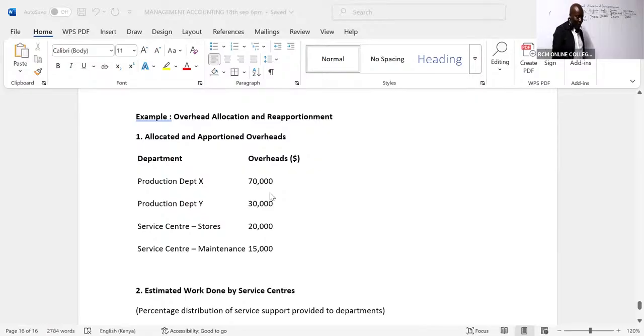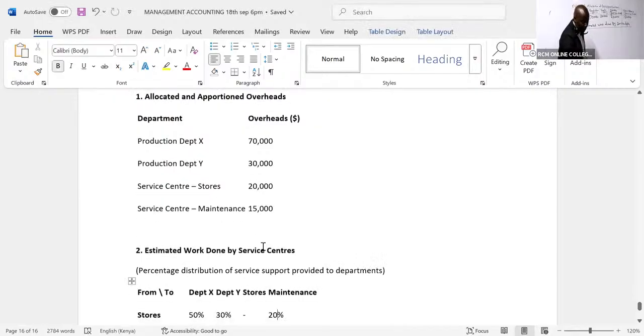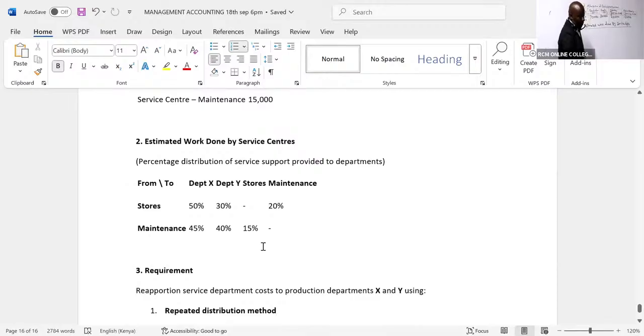So from there, ladies and gentlemen, estimated work done by service departments.